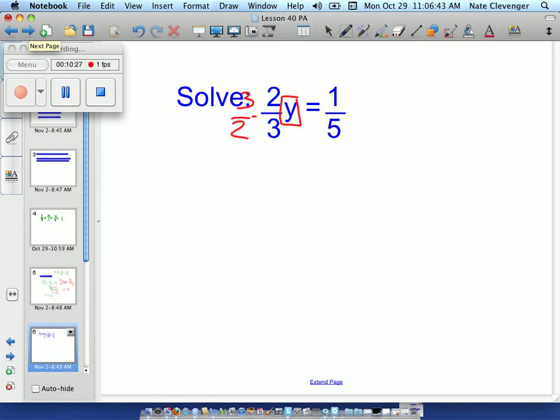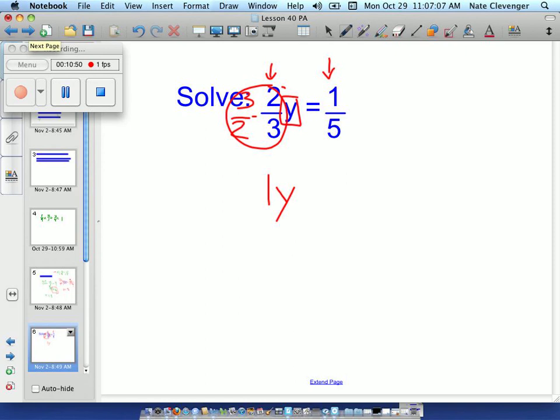Often students get turned around, they start multiplying by the reciprocal of that for some reason. But it's always the reciprocal of the coefficient, the number with the variable. So that way this all goes to 1y, right? Everybody agree with that? Because a number times its reciprocal is 1.